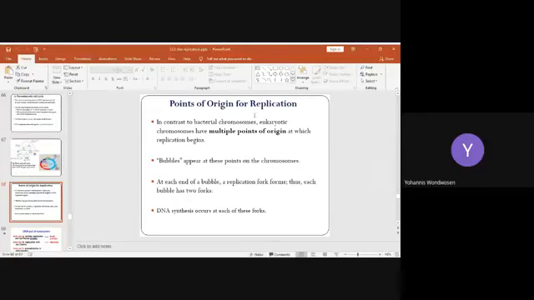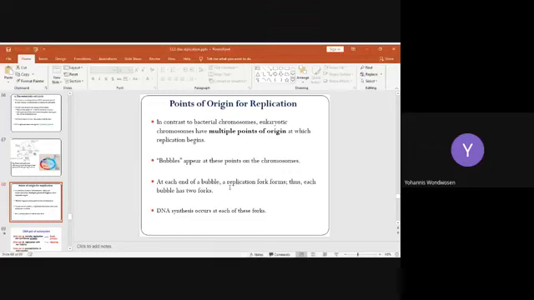Points of origin of replication. In contrast to bacterial chromosomes, eukaryotic chromosomes have multiple points of origin at which the replication begins. We have seen it in the diagram. They also have multiple bubbles appearing along the chromosomes, and at each end of the bubble, a replication fork forms.